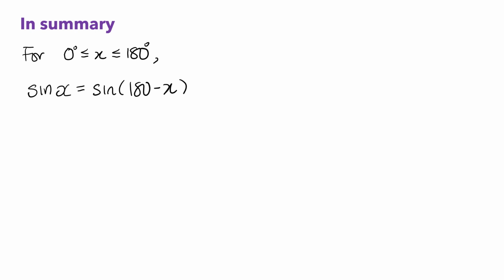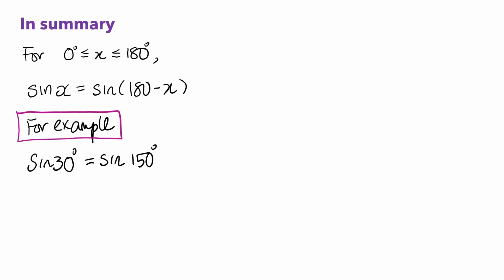Okay, so in summary, this is what we're talking about. For angle that's between 0 degrees to 180 degrees inclusive, referring to the first and the second quadrant, sine x is equal to sine of (180 minus x). So what does that mean? So I'm going to give you an example.